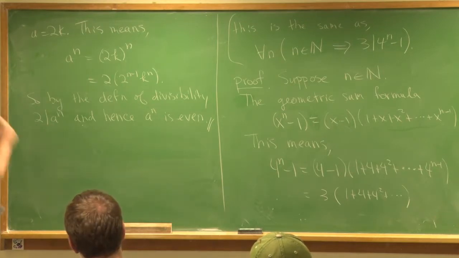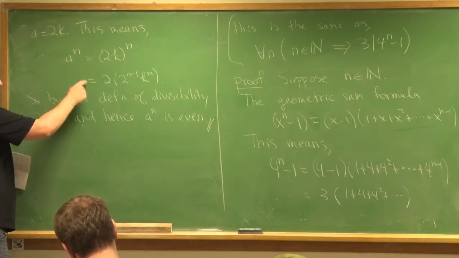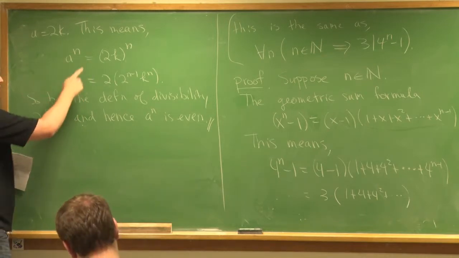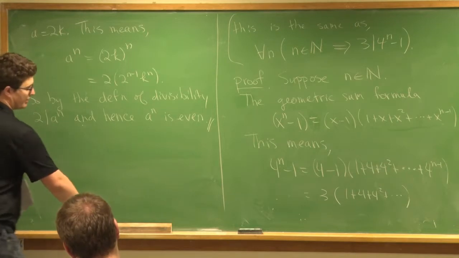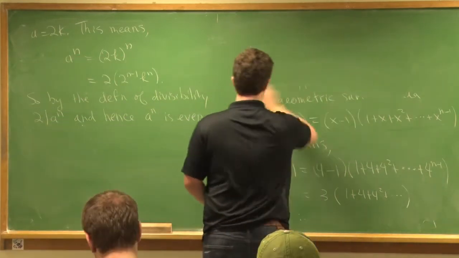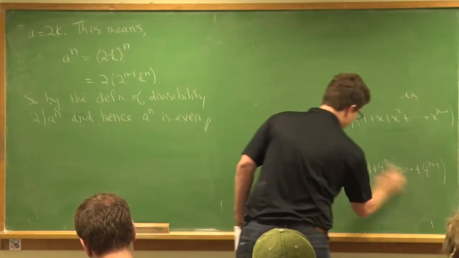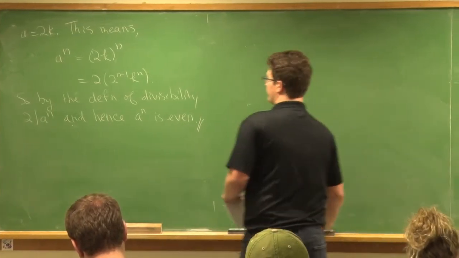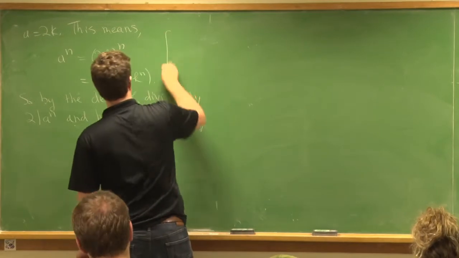Okay, so let me make a little remark here. How did I get from this line to this line? Here, I just used the power rules. This is just from Calc 1, or before Calc 1.